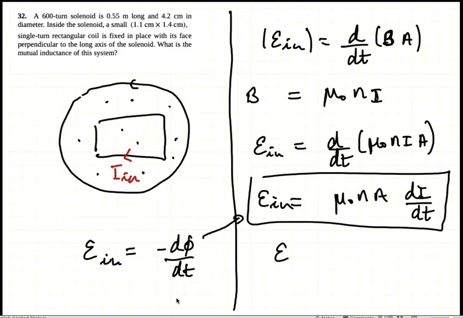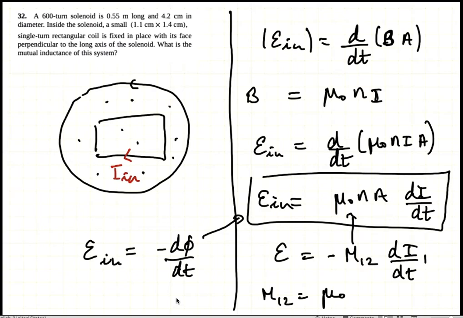Now you compare that to the induced EMF in the second coil, the rectangular coil, due to change in current in the solenoid. This will be the mutual inductance. So the mutual inductance is mu naught, and remember we had dropped the sign on this one. All right, actually, we'll keep the sign back.